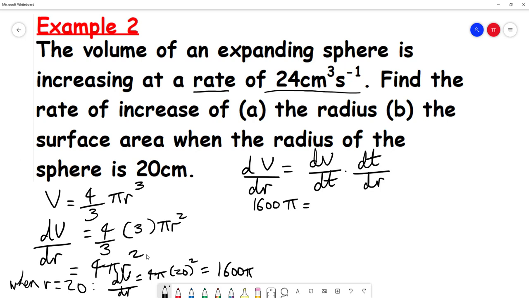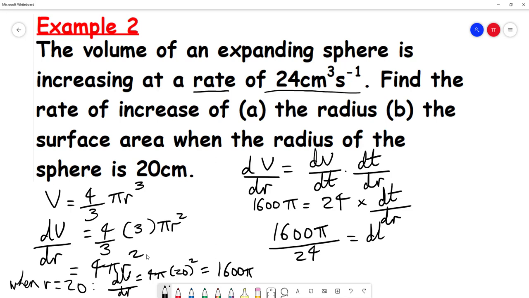That's the rate of the volume, so that's going to be dV by dt. So we could write 24 in there times dt by dr. So now we can say 1600 pi divided by 24 is equal to dt over dr.